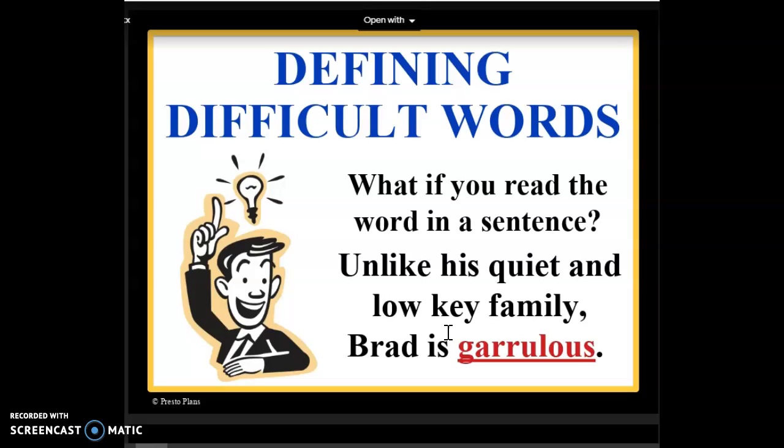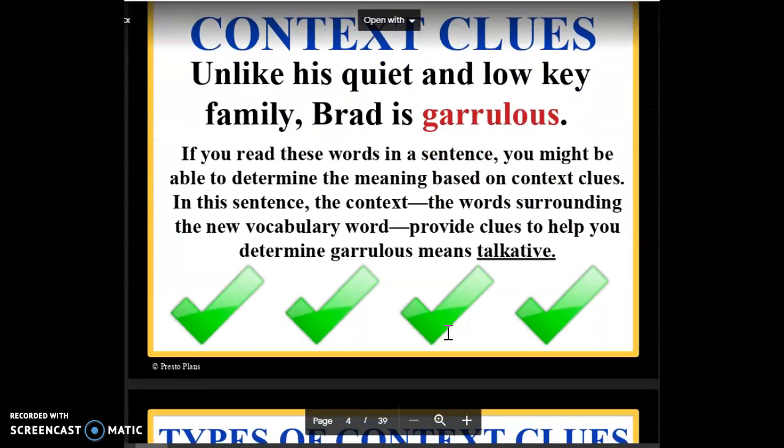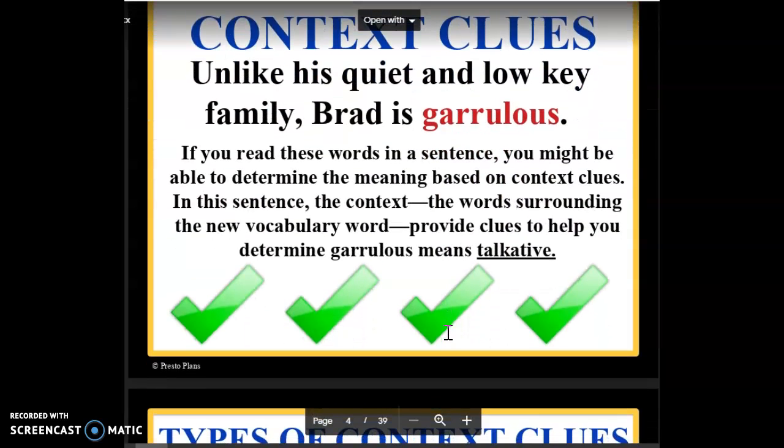In this sentence, it says, "Unlike his quiet and low-key family, Brad is garrulous." So when we're looking at that, "unlike" tells us that he is the opposite of what they are describing the rest of the family. If you read these words in a sentence, you might be able to determine the meaning based on the context clues.